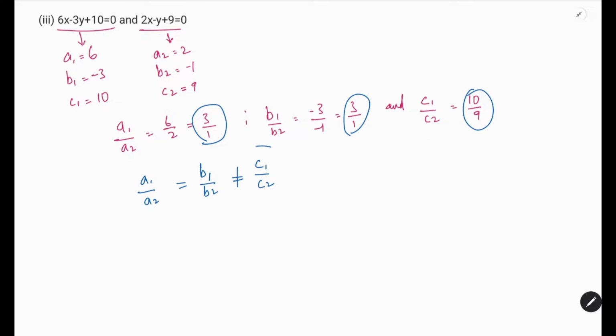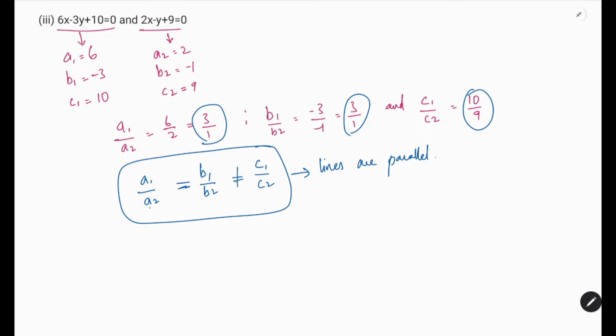So, if this is the case, then the lines are parallel. a1 by a2 equal to b1 by b2 and not equal to c1 by c2. The lines are parallel. This has no solution. These are inconsistent.